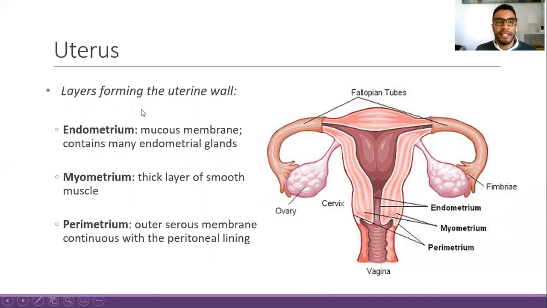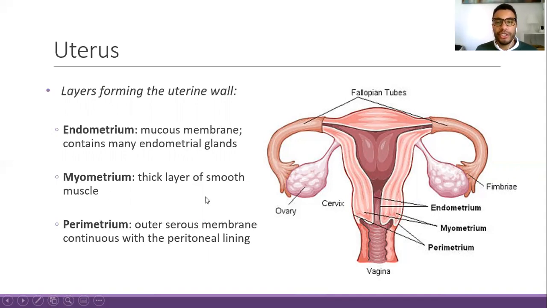So the uterine wall is basically composed by three layers. The endometrium, which is the most internal layer, is a mucous membrane full of glands. There are many, many glands inside here, the endometrium.